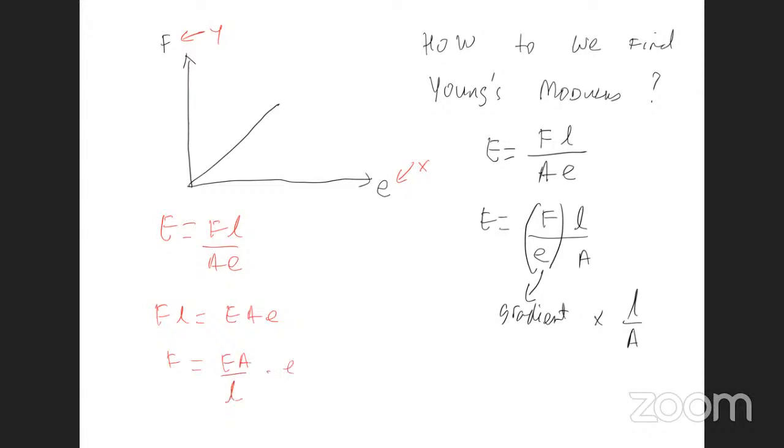So basically, this is your y-axis, this here is your gradient, and this is your x-axis. So your gradient is equal to E A on L, which means that E is gradient times L on A. Okay? So if you see this graph and they ask you to find Young's modulus, that's how you're doing it.